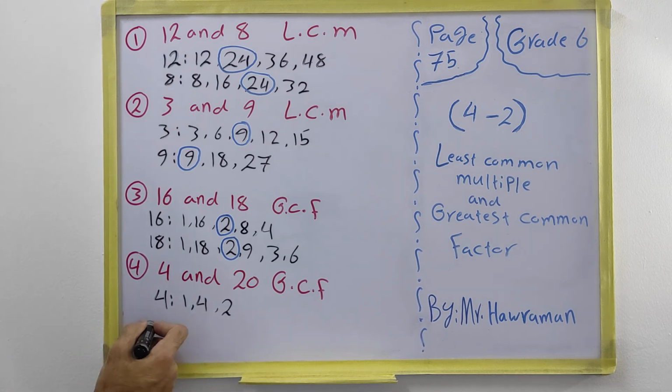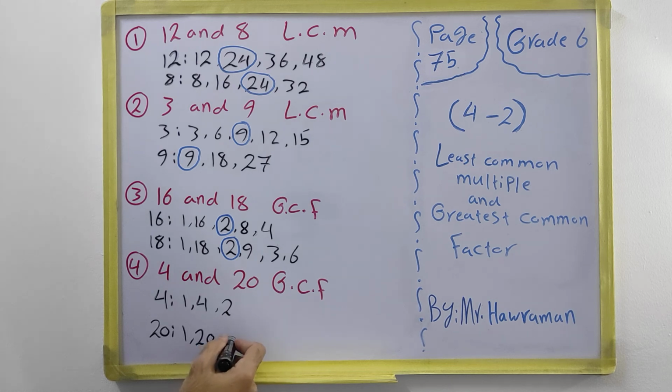The factors of 20, we check. 1 multiplied by 20. 2 multiplied by 10. 3 multiplied by anything? No. 4 multiplied by 5. So now we look for the same numbers in both of the sides, the greatest number in both of the sides.